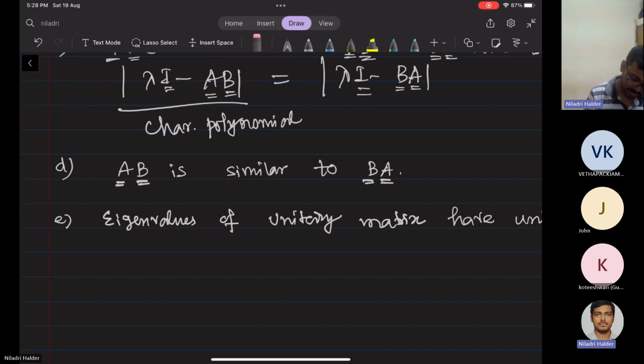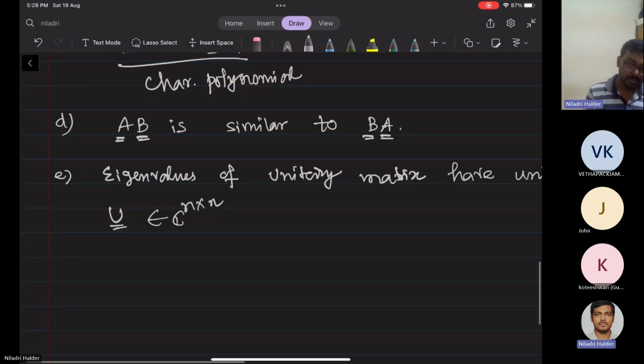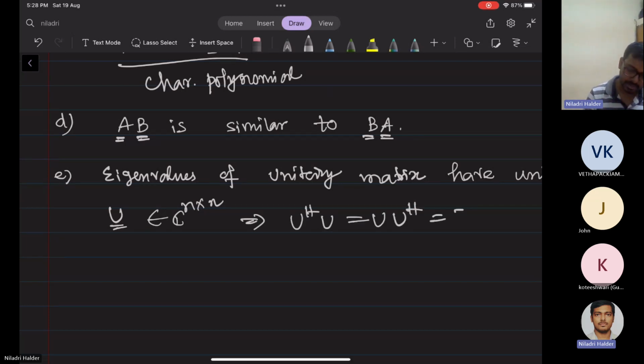So suppose there is a unitary matrix U, an n cross n matrix. Then U Hermitian U is the same as U U Hermitian, which is the identity matrix I n.